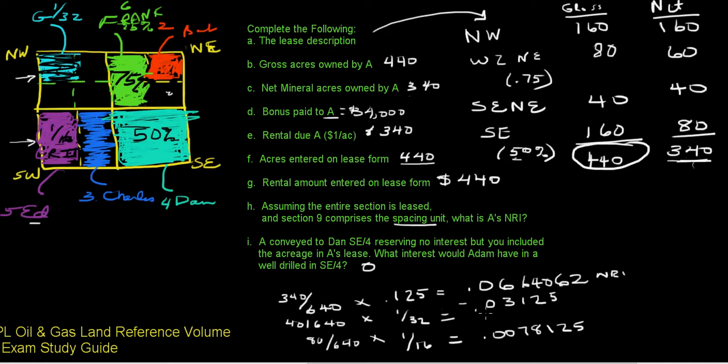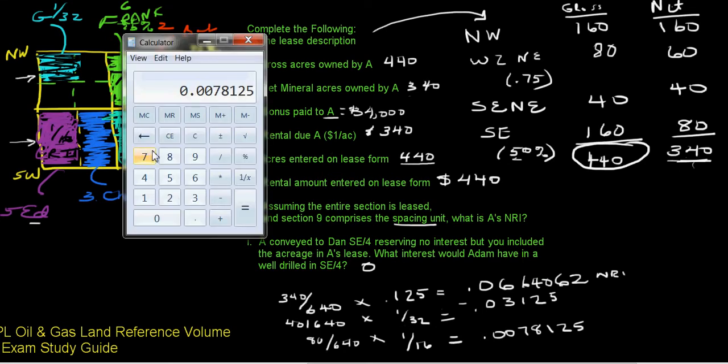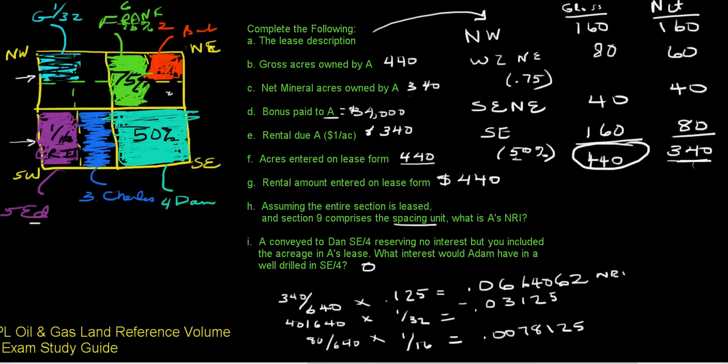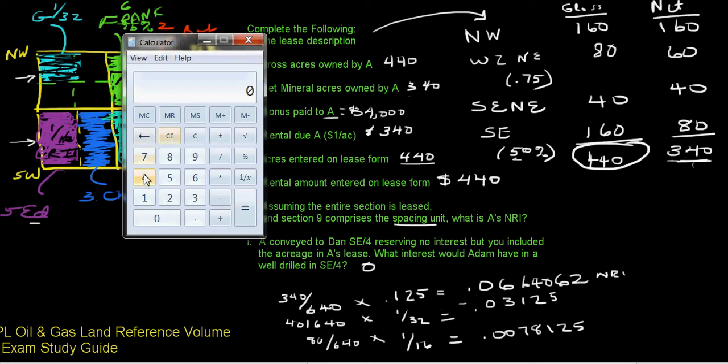Now I'm just realizing we didn't finish this problem. I calculated out what 1/32nd is, but let's calculate what 40 divided by 640 times 0.03125 is.